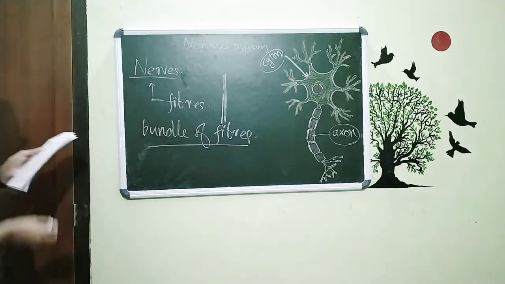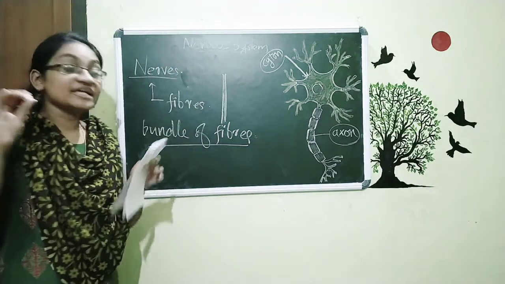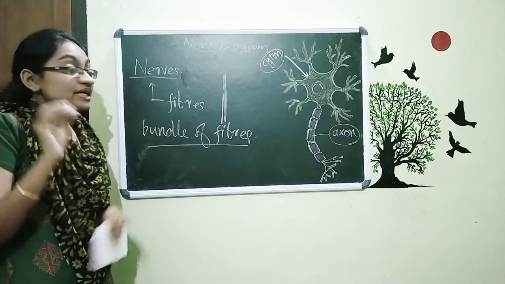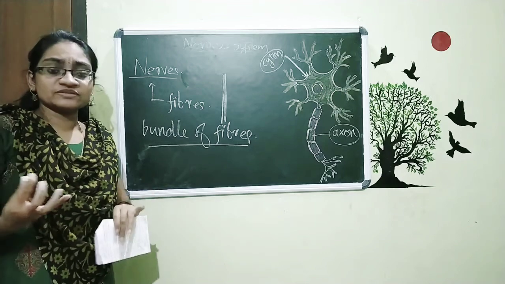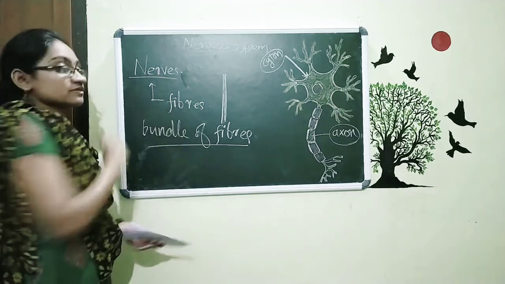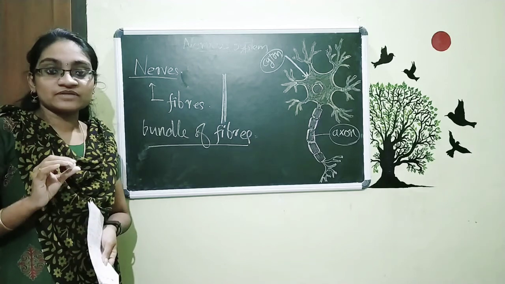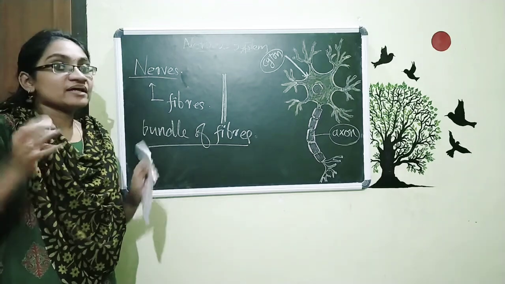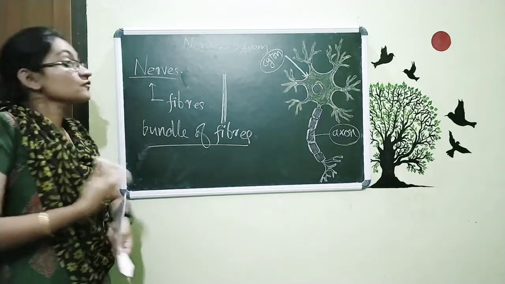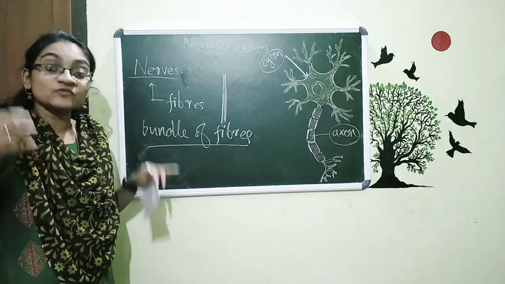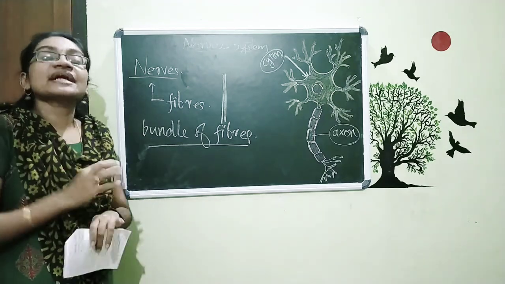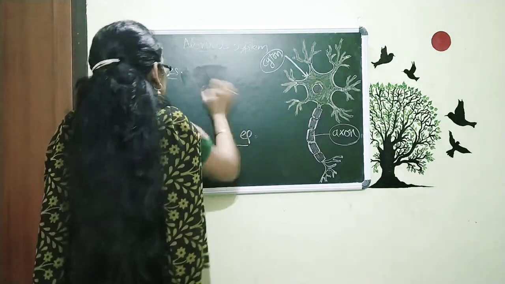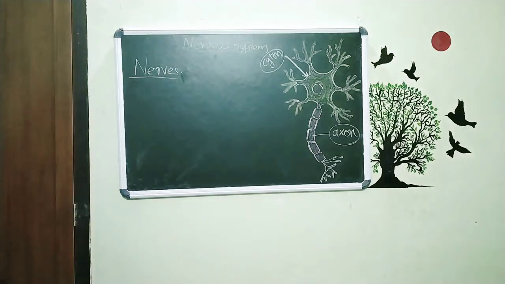So we can say our body has a large network of nerves. That means not only one or two nerves. Our body contains a large number of nerves, and we can call it a network of nerves. We already know the term network; we use it with the mobile network. In the same way, our body has a network of nerves, which means a large number of nerves are interconnected in our body, like a network system.